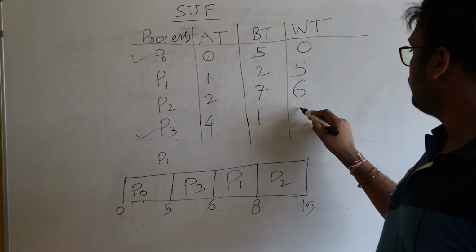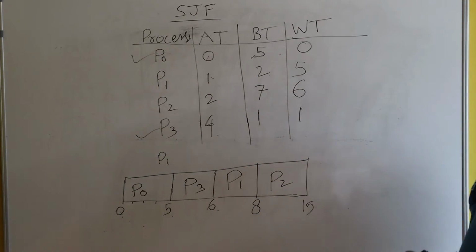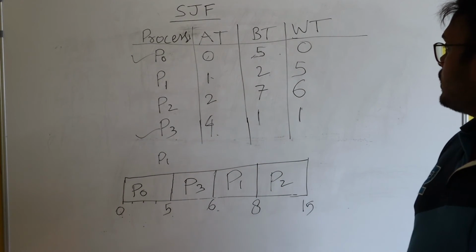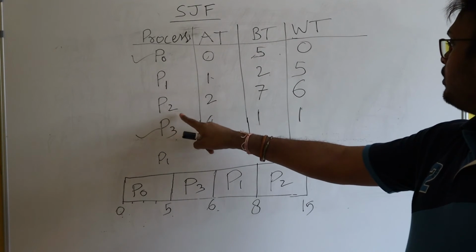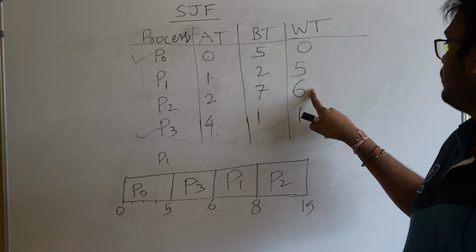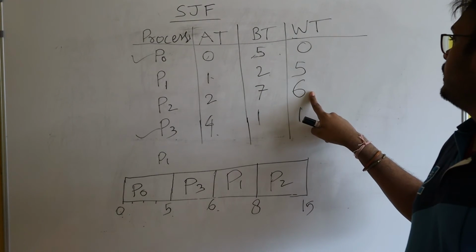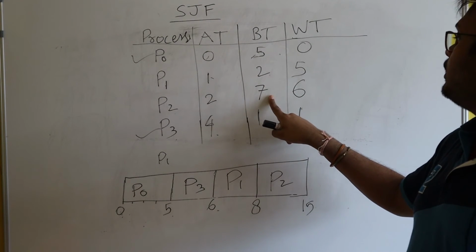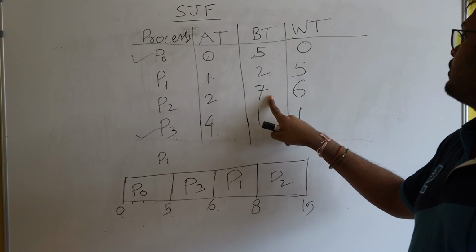5 minus 4, 1. So here you can see that although P2 arrived before P3, P2 waited longer than P3. Why? Because P2 has the largest burst time.